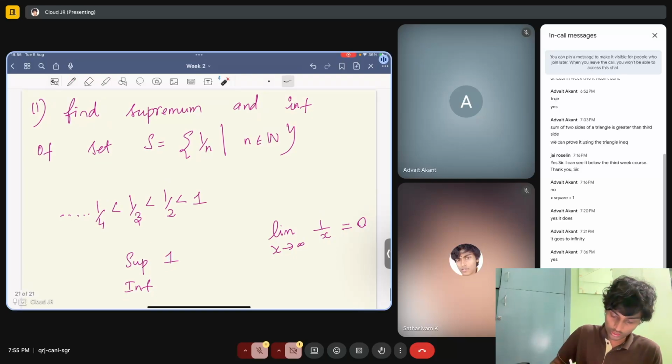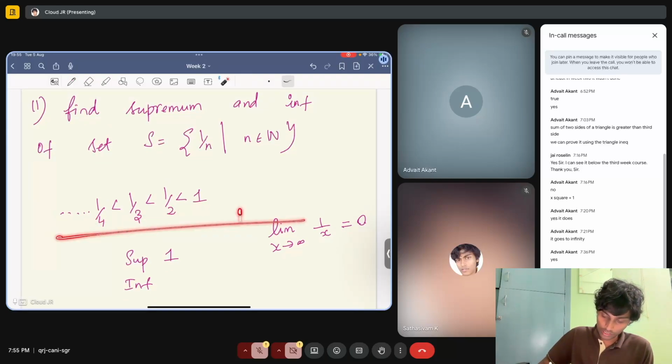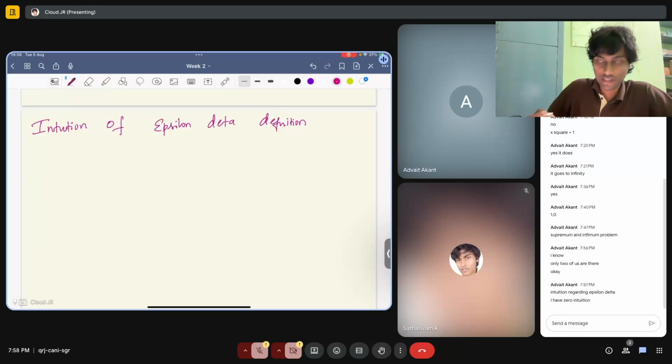So these terms are going to 0. If you draw a number line, you start with 1, and then you go 1 by 2, etc. You will go as close to 0 as you want. So the limit is 0.